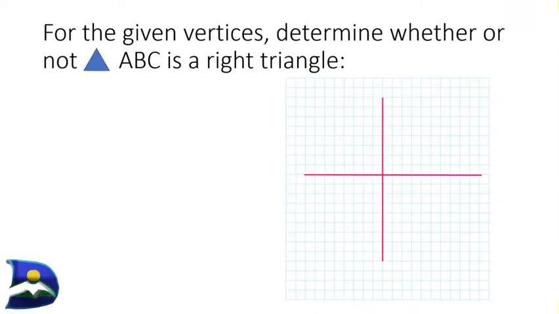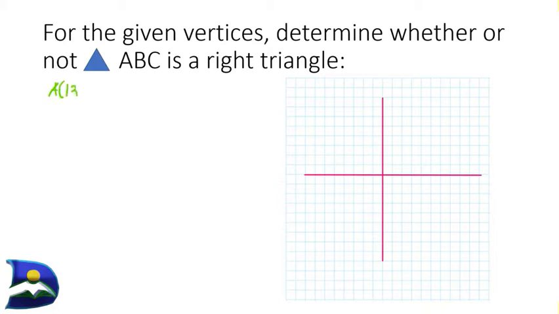Looking at this big idea question, it says: for the given vertices, determine whether or not triangle ABC is a right triangle. There are a couple of key terms here. What are vertices? Vertices are points.